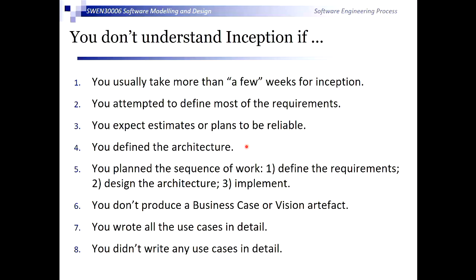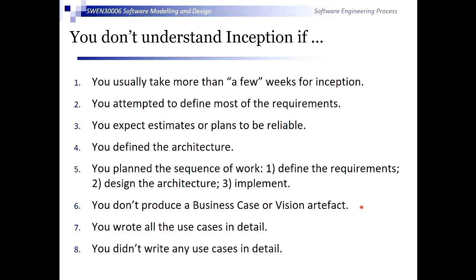You're not going to have all of those things sorted out at the end of inception, so you won't have a defined architecture. If you're following some sequence of work or planned out some sequence of work that involves requirements, design and implementation, obviously you're not following an agile model anyway, and you're certainly not working to the intent of inception.